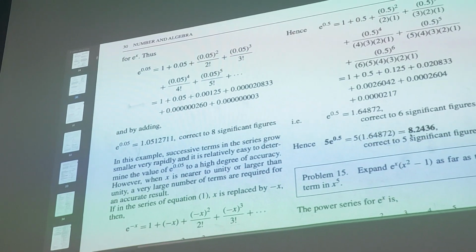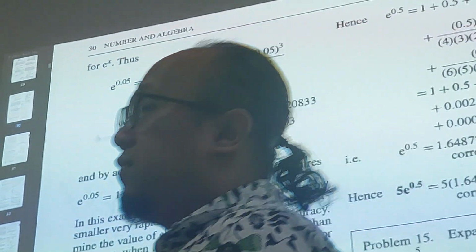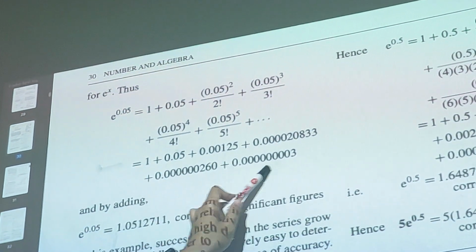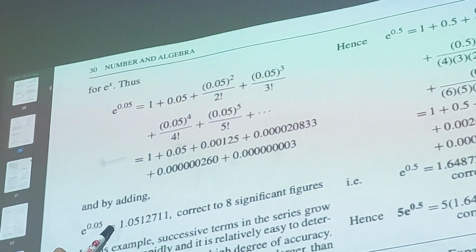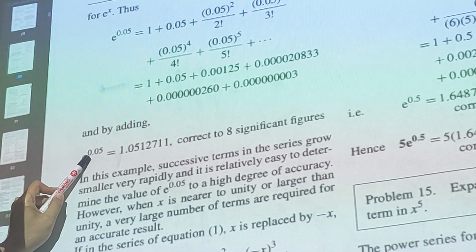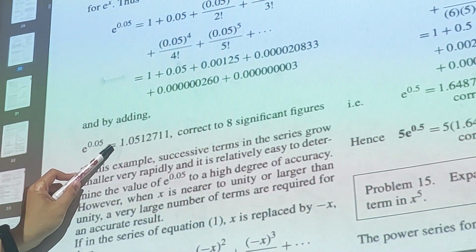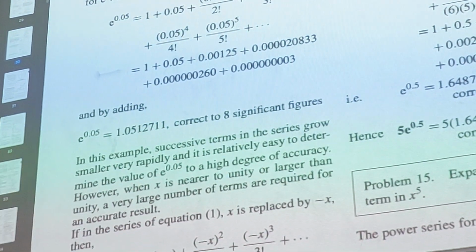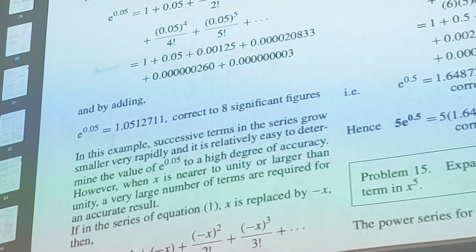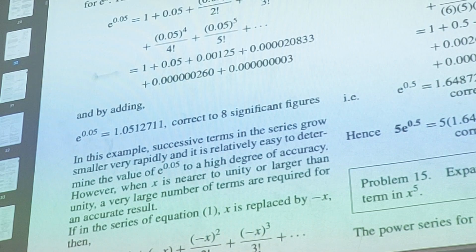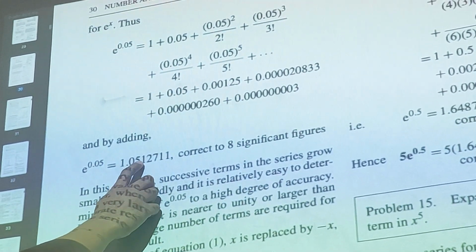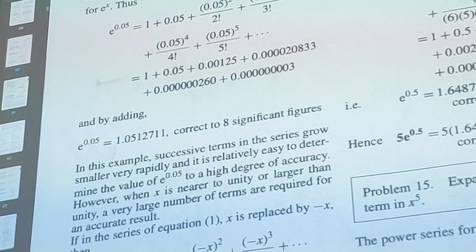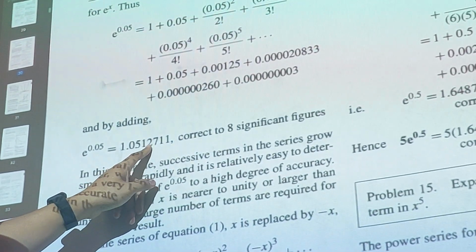You will get that e to the power of 0.05 is equal to 1.051 and so on. Usually a maximum of 4 digits is okay.